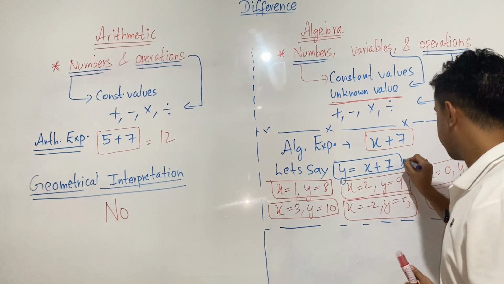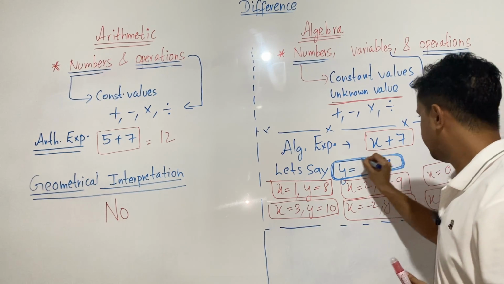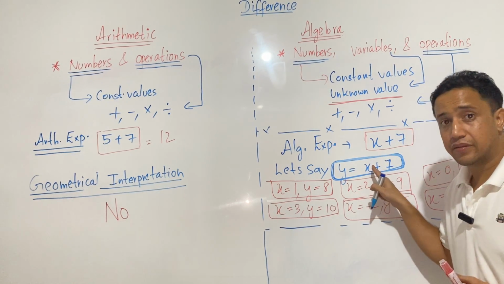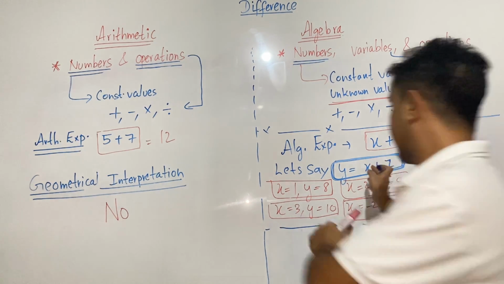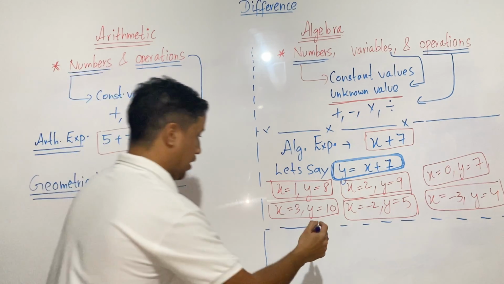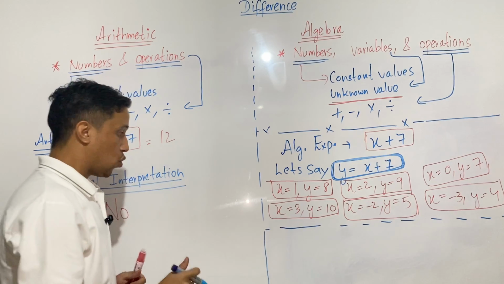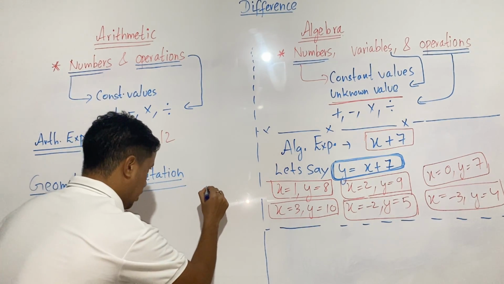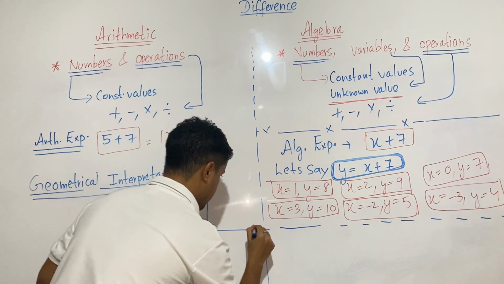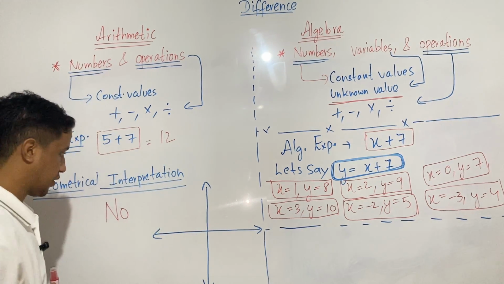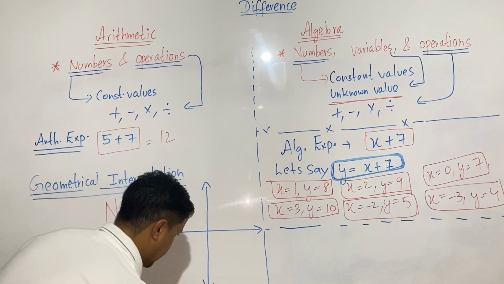Now I can draw the graph of this equation. I will switch to this side for the geometrical interpretation of an algebraic equation. I will draw the y-axis, and here the x-axis.